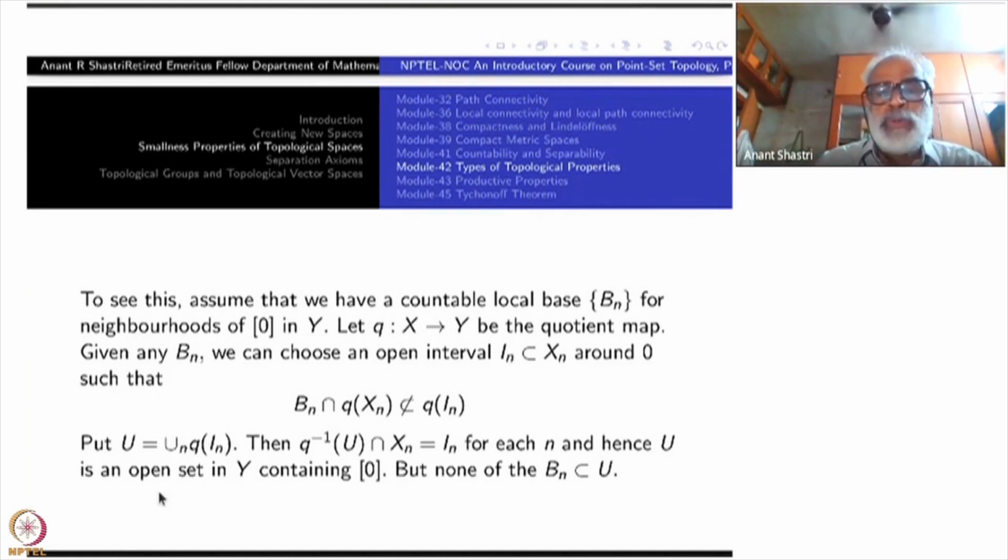So U equal to the union of all these Q(In), all right, that's an open subset containing the point zero, the class of zero. But because of this choice, none of the Bn's will be contained inside U.